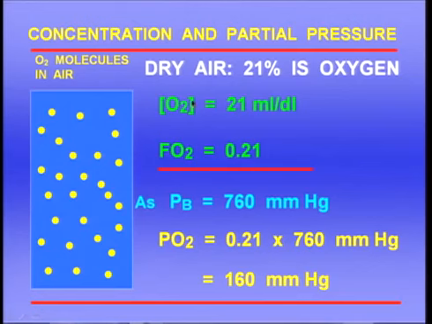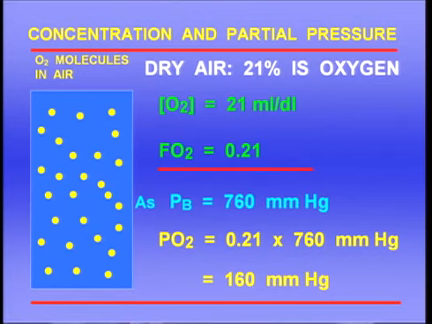It's a very important idea, and we use it extensively. The partial pressure is simply the fractional concentration multiplied by the barometric pressure, which at sea level is 760 millimeters of mercury. So we multiply 0.21 times 760, and that gives us a partial pressure of oxygen in dry gas of 160 millimeters of mercury.